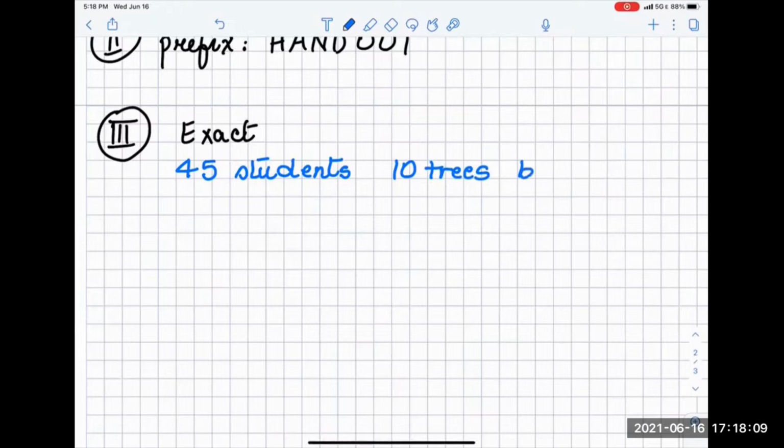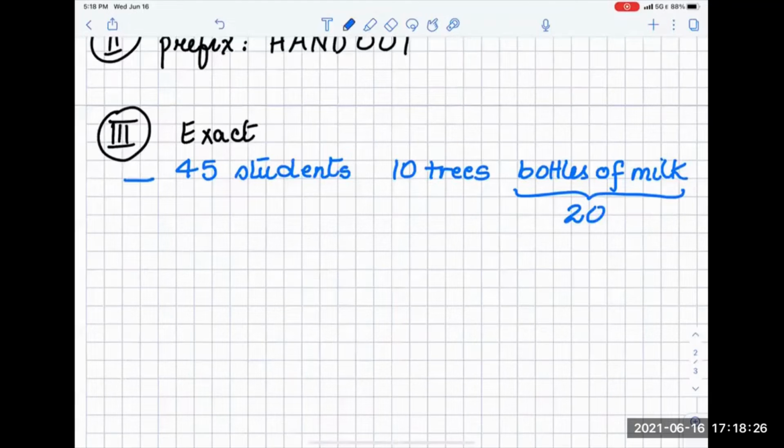You can't have 1.5 bottles of milk, right? So bottles of milk or bottles of juice or whatever, that number is an exact number. Let's say there are 20 bottles of milk, so this is an exact number. Exact numbers generally come when you are counting.